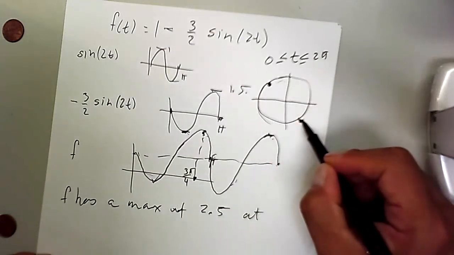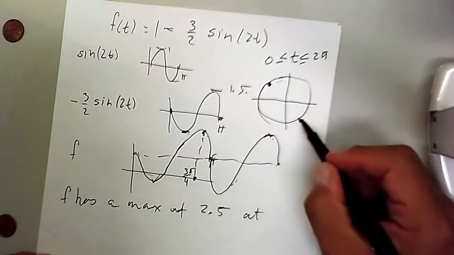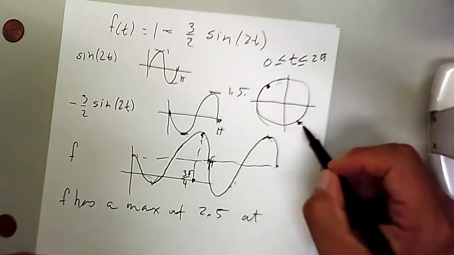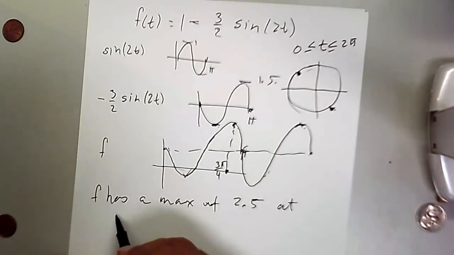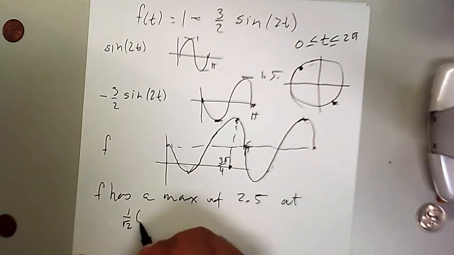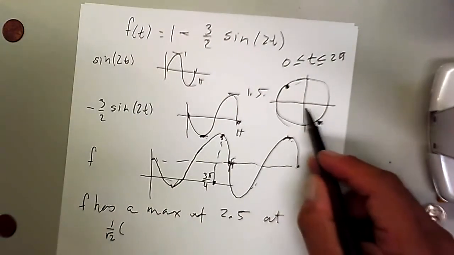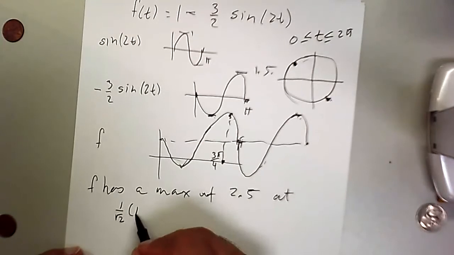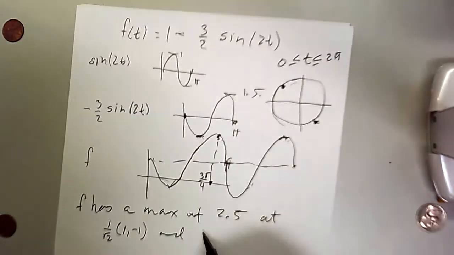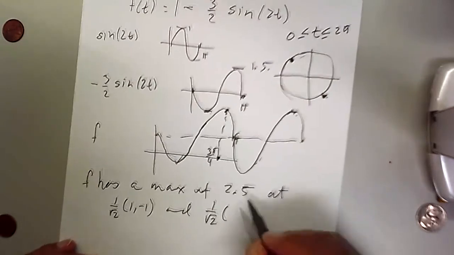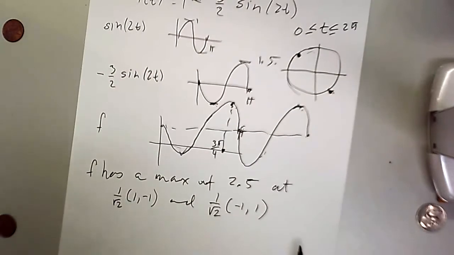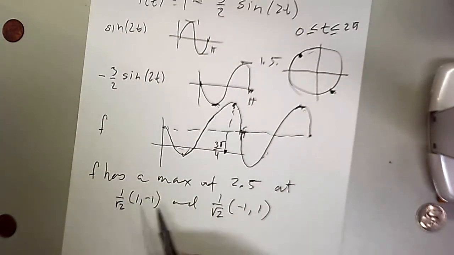So this point, 45 degrees, because that's 45 degrees off the x-axis, will be 1 over the square root of 2, at 1 over square root of 2, comma, rather, 1, -1. 1, -1, and 1 over the square root of 2, -1, 1, -1, 1. So that is the maximum of the function.